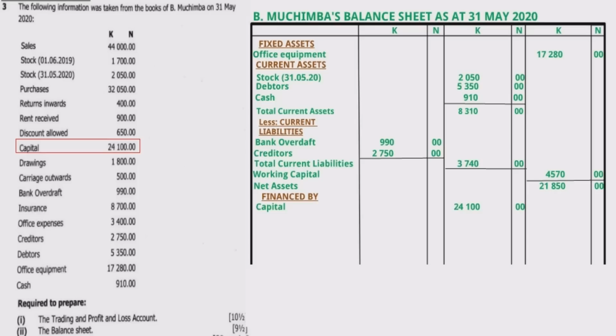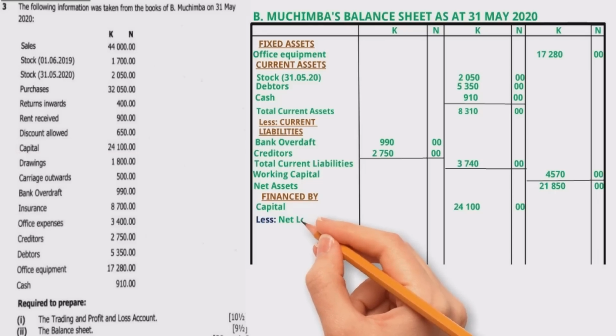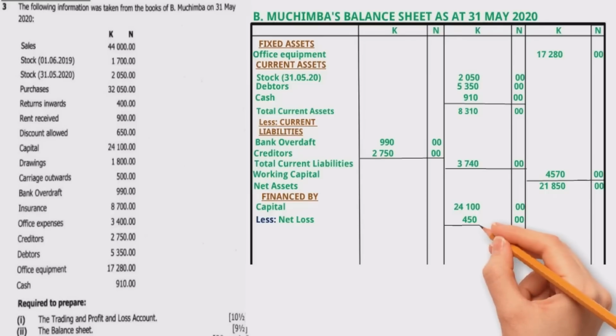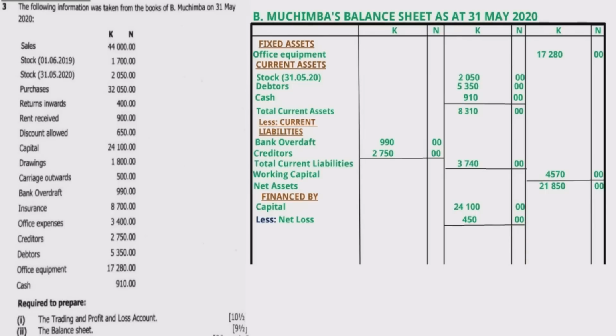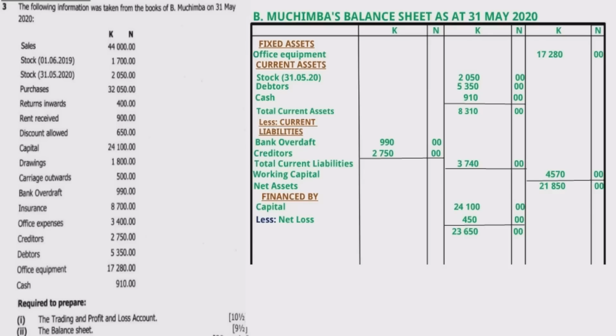The net loss we found in the trading and profit and loss account, we're going to bring here. So we say capital minus net loss, which is 450 kwacha, will give us 23,650 kwacha.